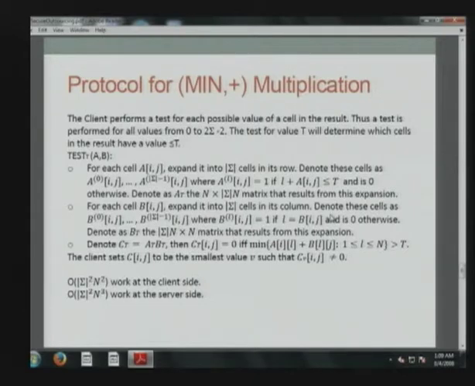So in this case, the client will check whether Ct ij is equal to 0 or not. It will keep the smallest t such that Ct ij is not 0. So after performing this test protocol for all the t values, it will give us the minimum of the summation of the corresponding vectors in A and B. Okay.